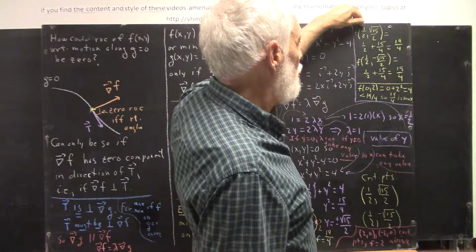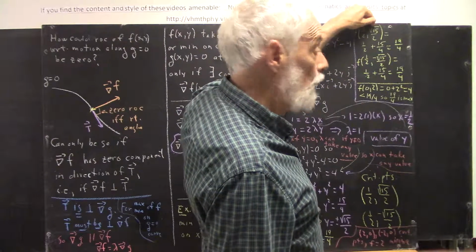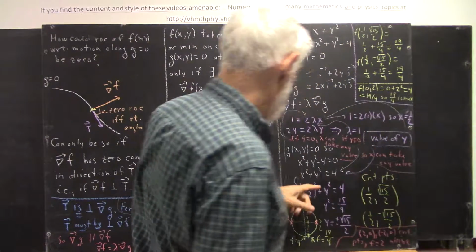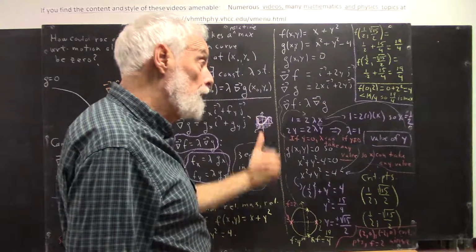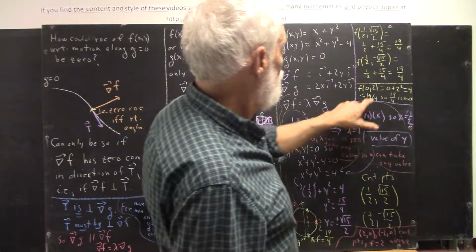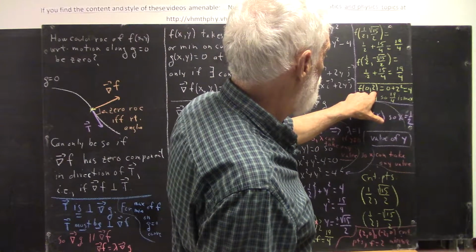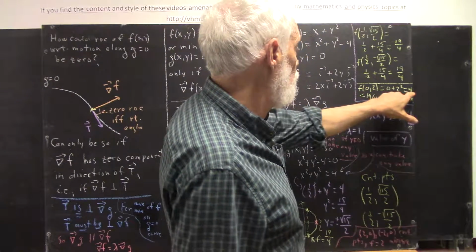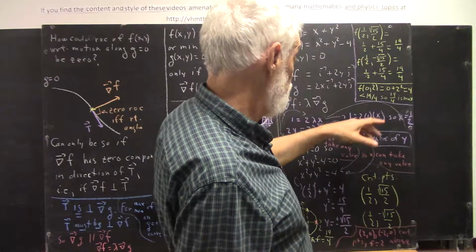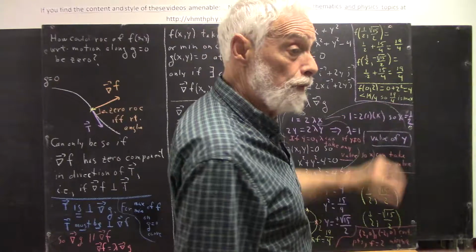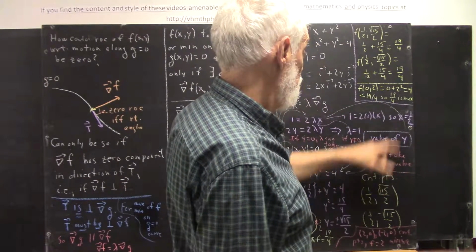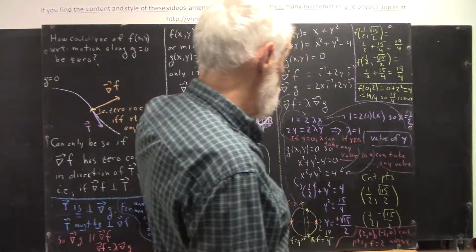If we let x equal 0, we're going to get y equals 2. Obviously, if x is 0, then y squared is 4, and y equals plus or minus 2. So the function value at (0, 2) is 4. Just plug that into the function, and that's less than 19/4, telling us that 19/4 is a maximum.